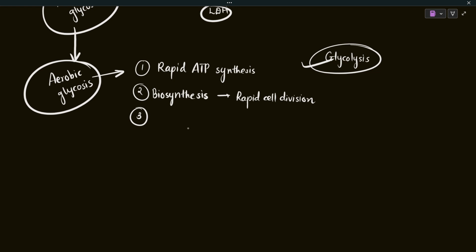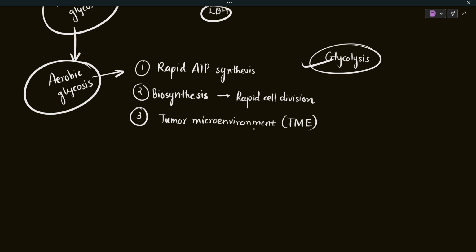Then another proposal says that the Warburg effect enhances immune evasion. So it enhances the tumor microenvironment, and this favors cancer progression. Lactate accumulation leads to acidification of the tumor microenvironment.